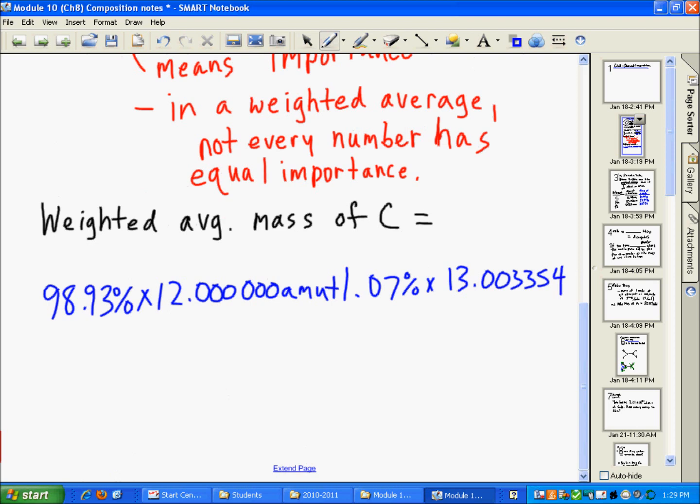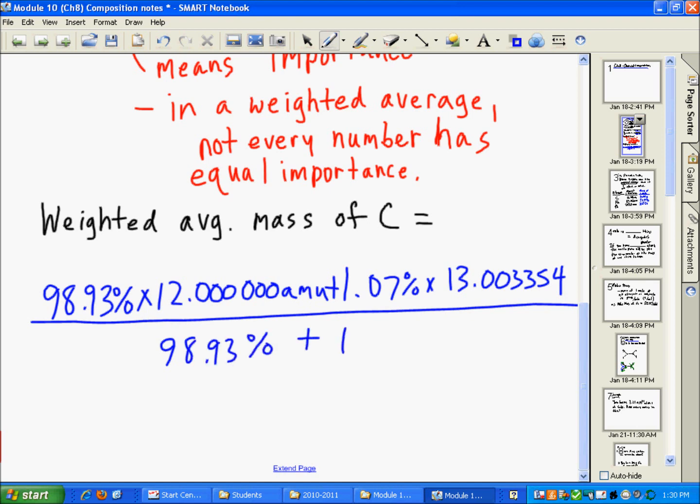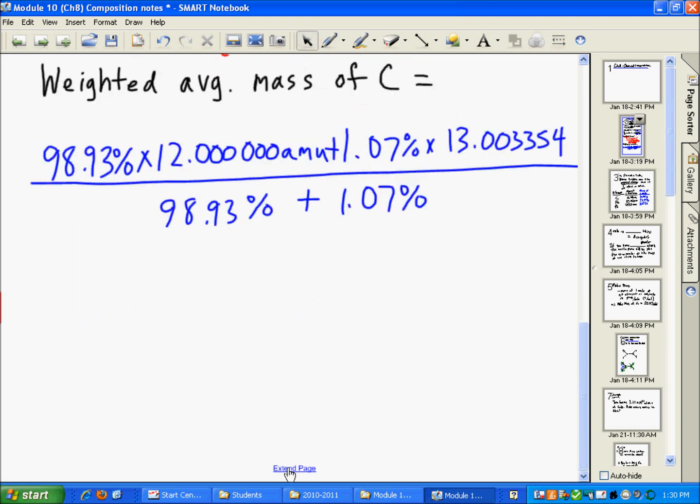And then we divide that by the total of the importance numbers, which are the abundances. When you do that, we will get the average weighted atomic mass for carbon.